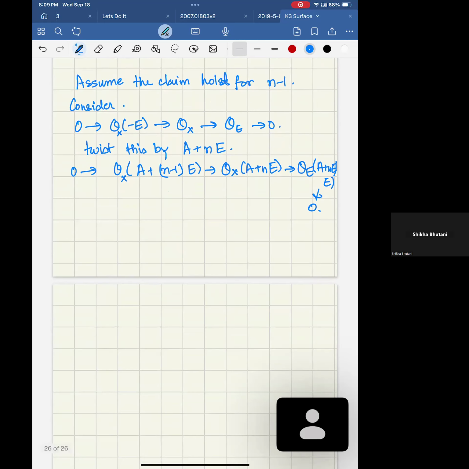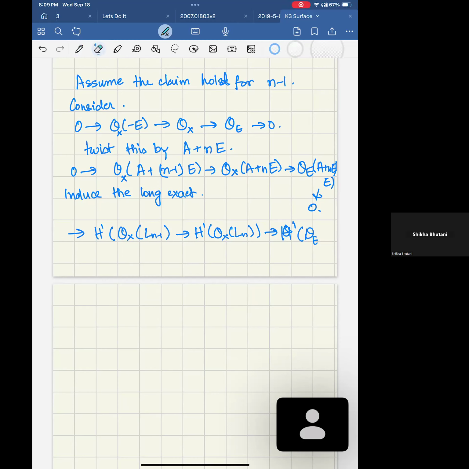Now the short exact sequence will induce the long exact sequence as follows. I'm not going to write the entire long exact sequence, but only a part of it, which contains the first cohomology.